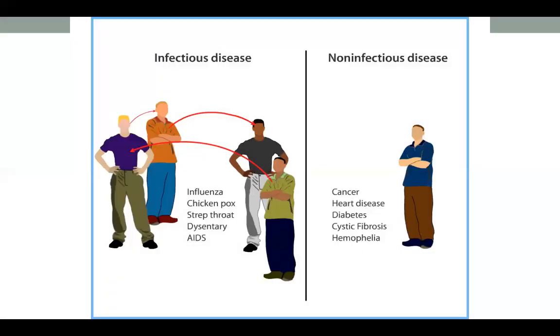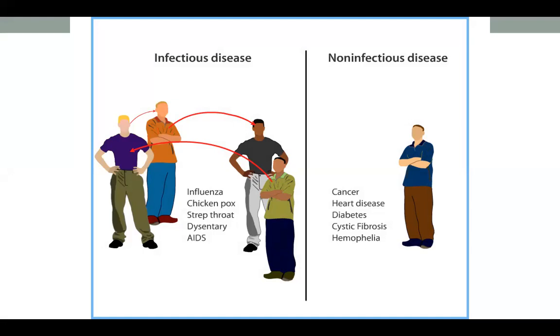So first we want to identify the difference between an infectious disease and a non-infectious disease. An infectious disease is anything that can be passed from person to person, and there are, I think, 5 main methods that infectious diseases can be spread: through air, food, water, body fluids, and animal bites.